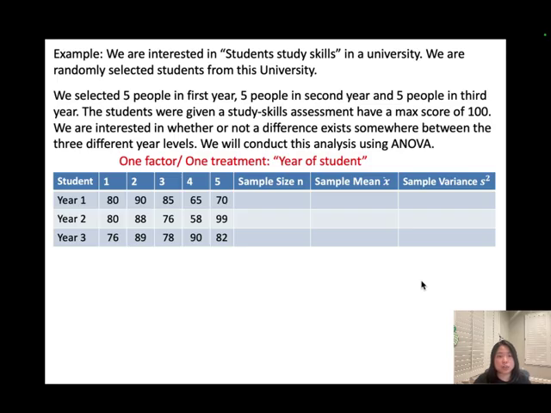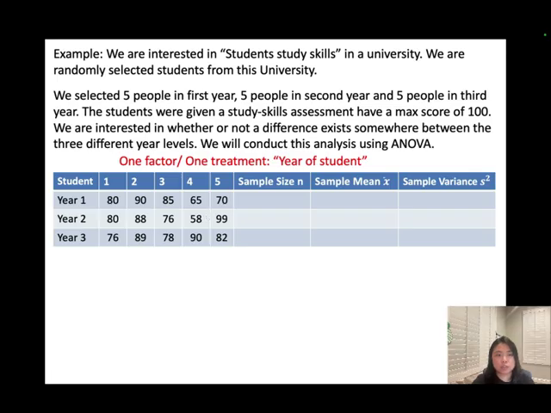We are interested in whether or not a difference exists somewhere between the 3 different year levels. We will conduct this analysis using ANOVA. So you can see we have 3 populations: year 1, the first population, year 2, the second population, and year 3, the third population. And for each population, we have 5 people.